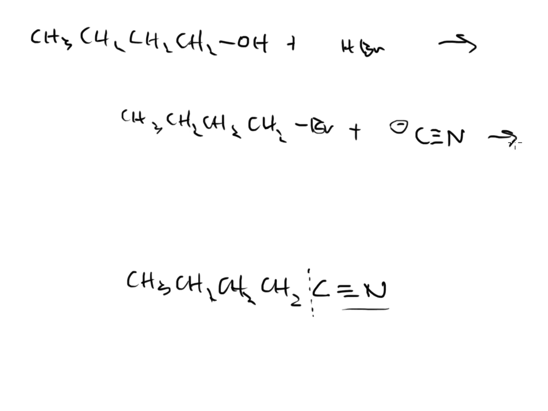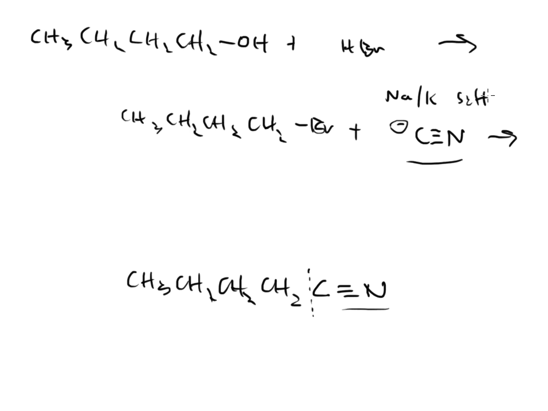Well, those have to come from somewhere. We do not get these from just a simple old jar in a laboratory somewhere. I cannot order a bottle of C triple bond N minus. That doesn't exist. So these typically come from a sodium or potassium salt almost every single time.